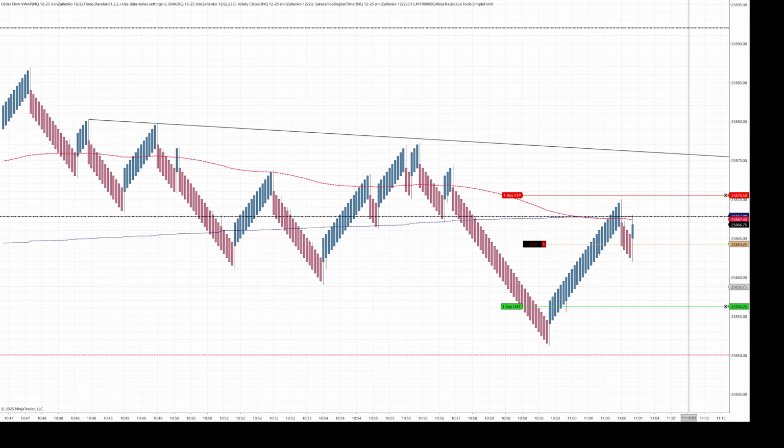The runway should be clear to come back down, but there's a lot of buyers right now, so this might be a stop loss.